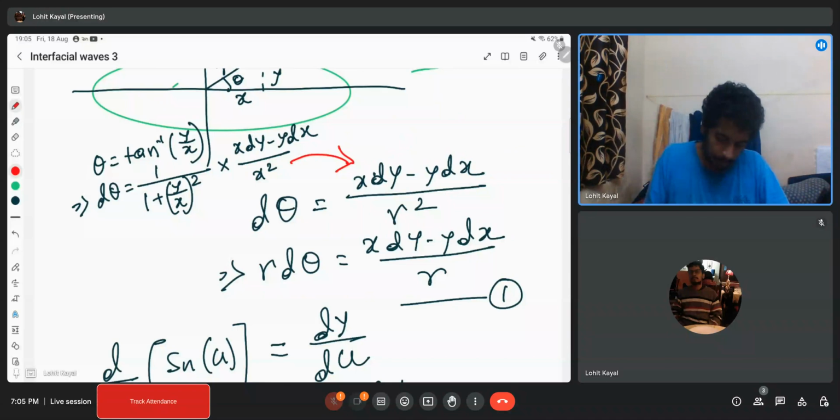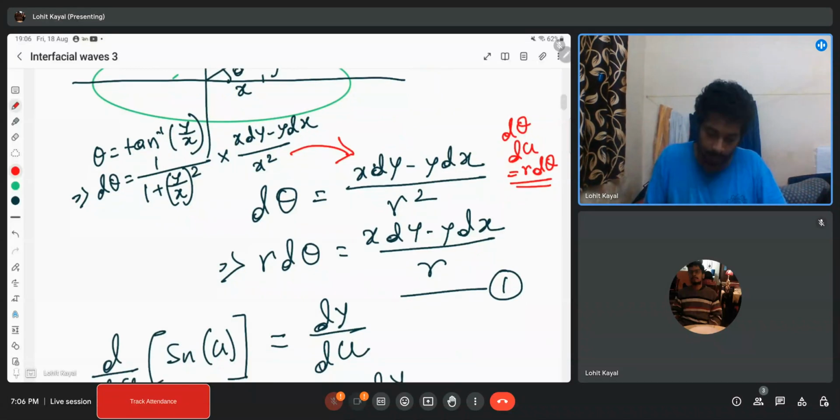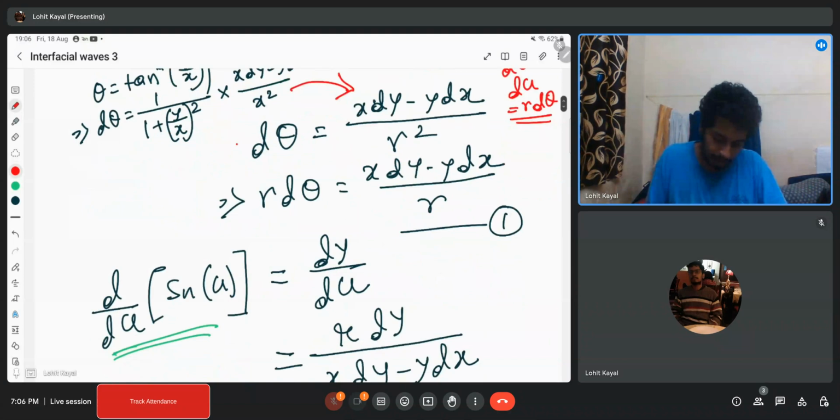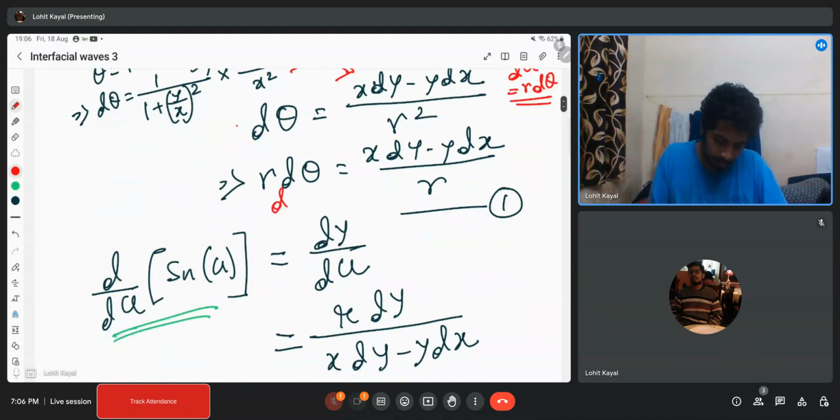Now d theta equal to x dy minus y dx by r square. Now remember, in case of this elliptical function, the angle is not d theta. The angle is du, and du is r of d theta. So you multiply both sides by r. So finally you get du equal to x dy minus y dx divided by r.